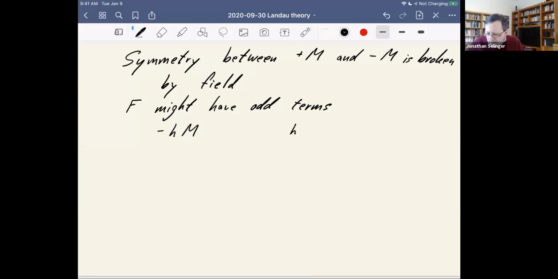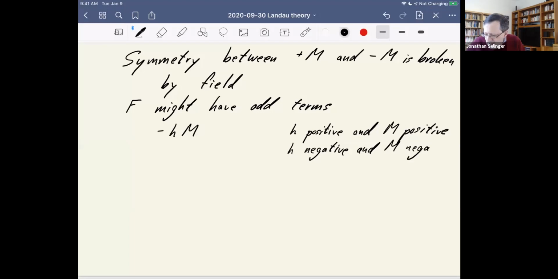H positive and M positive gives a favorable negative free energy. And likewise, H negative and M negative gives a favorable negative free energy.